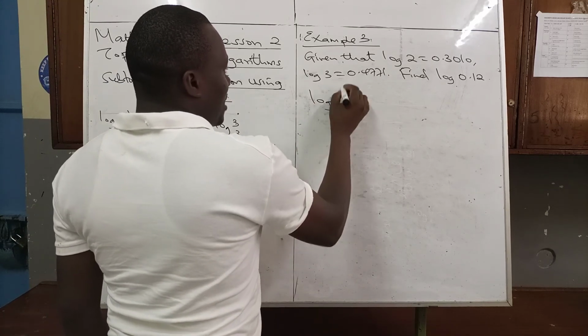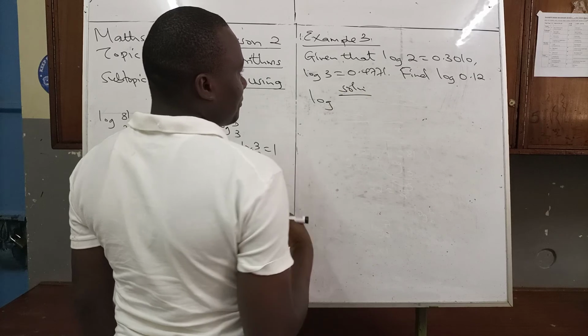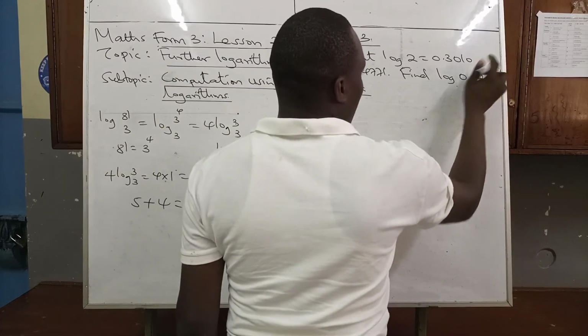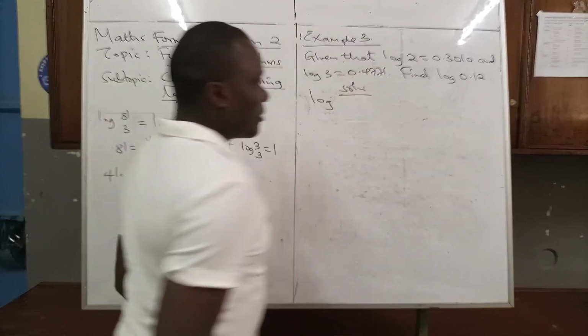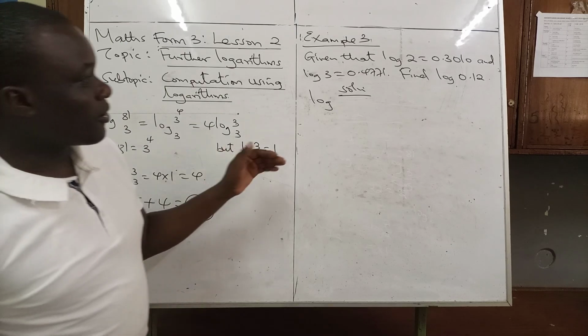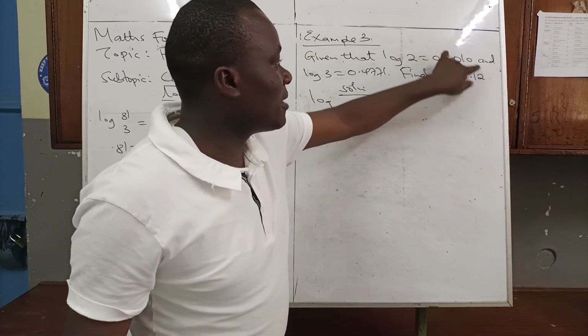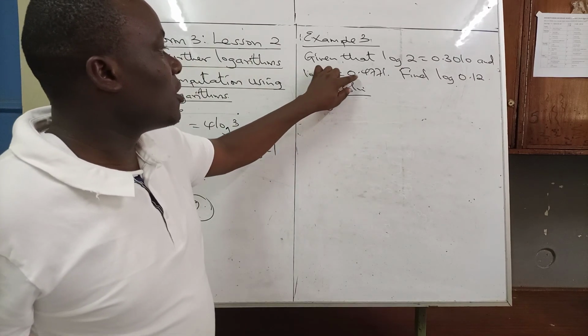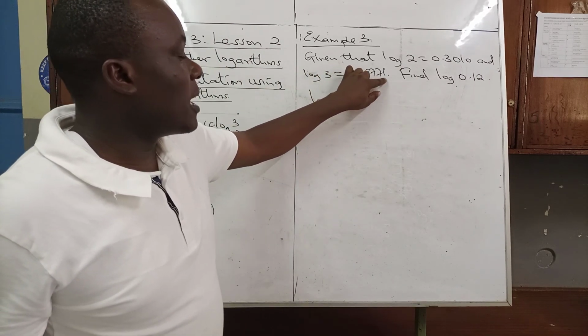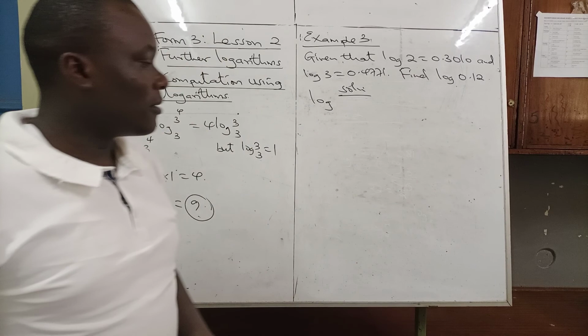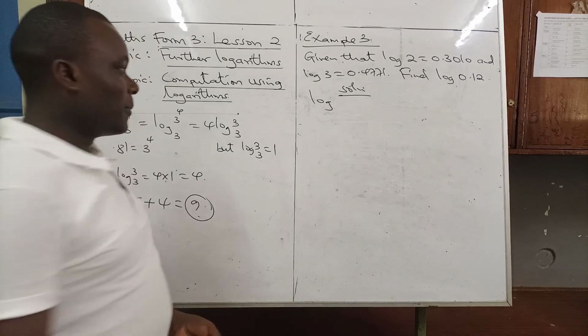Given that log 2 is equal to 0.3010 and log 3 is equal to 0.4771, find the log of 0.12.